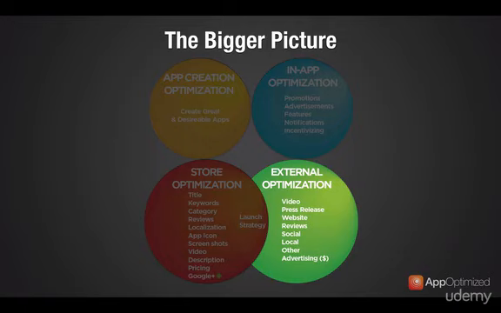I just sort of put in others. But basically, this is optimization that's done outside of the App Store. I labeled it as external optimization.